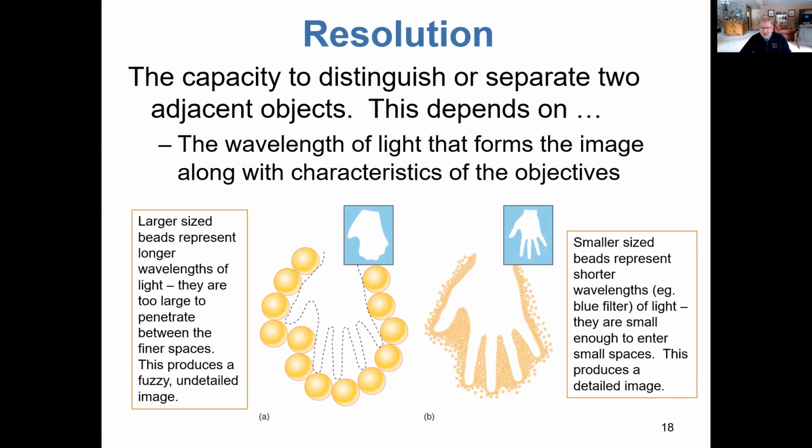They utilize small wavelengths, short wavelengths of light. In fact, in our microscopes in the laboratory, there is a blue filter that's housed in the condenser. And that's there to allow us to utilize the smallest wavelengths of visible light that we can. And that happens to be the blue and violet end of the visible light spectrum.